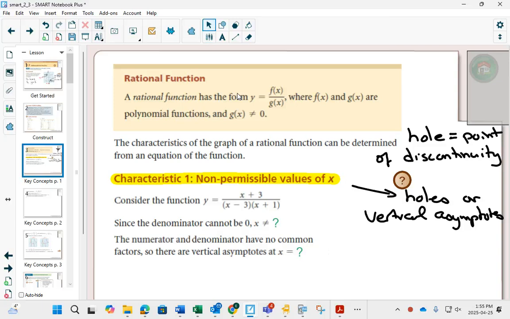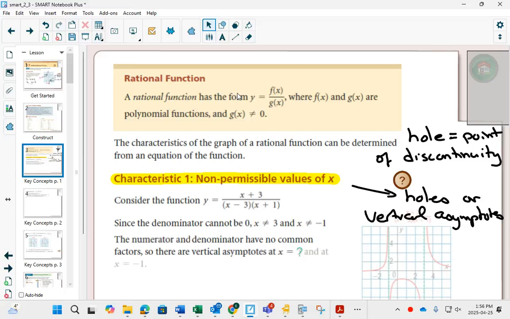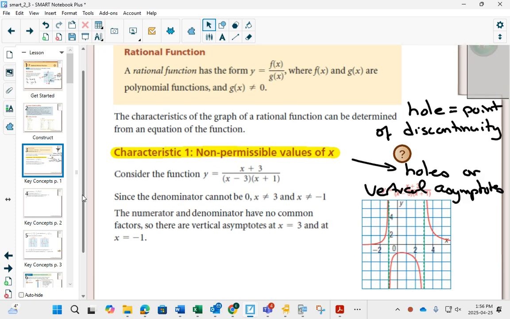So here they have a function. Can you see the non-permissible values are 3 and -1? And since those factors do not simplify and go away, that's when we have vertical asymptotes. So if we wanted to graph this one, we would have our vertical asymptotes show up here and here.